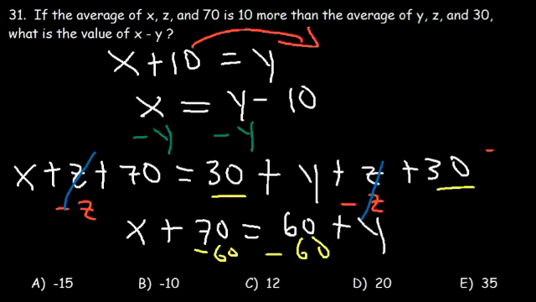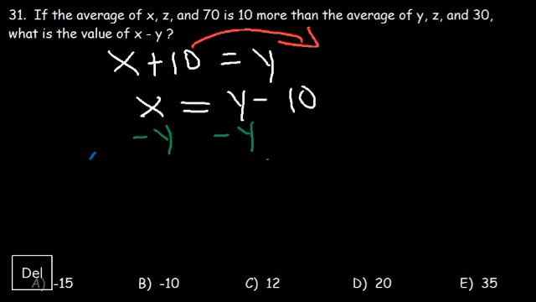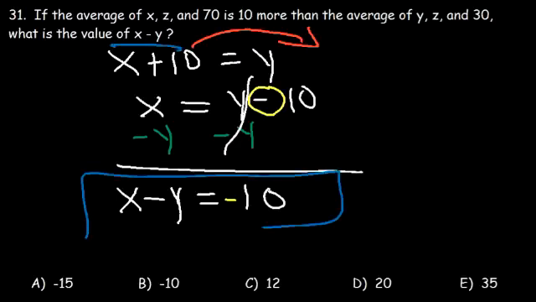So then what we now have is x minus y is equal to 10. Well, negative 10. We can't forget about this negative sign. And so that's it. That is the value of x minus y. So B is the right answer for this problem.